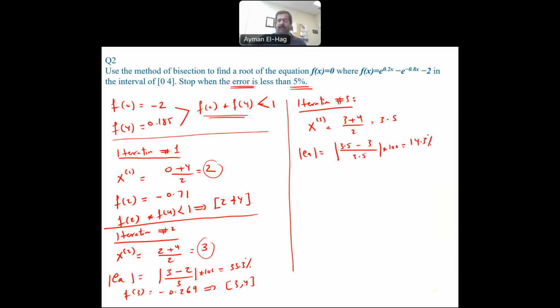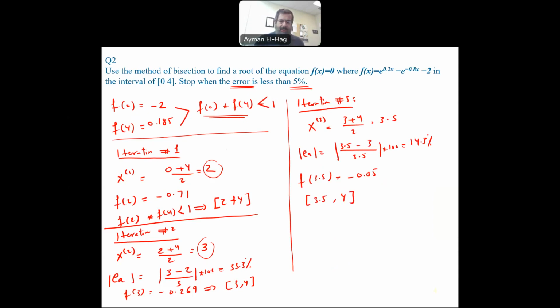Okay, so still we are higher than the required, so we need to go to the next step. You find f of 3.5, and this is equal to minus 0.05. So still the solution is between 3.5 and 4.